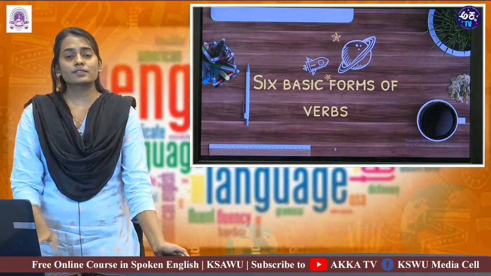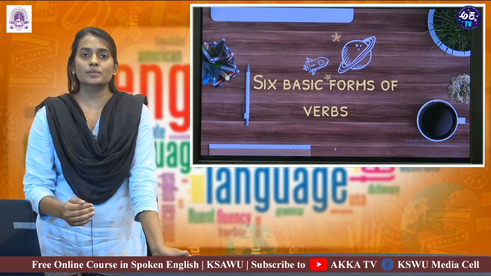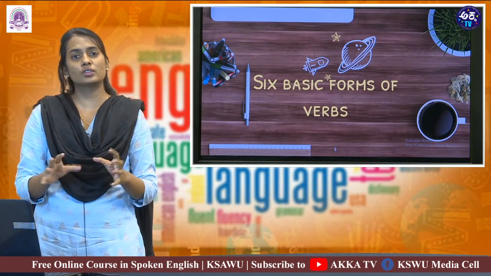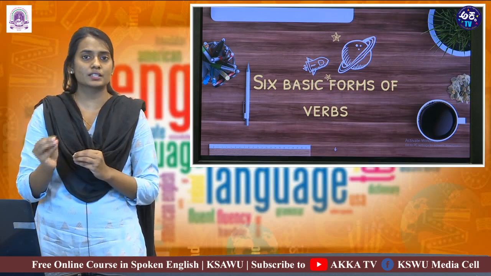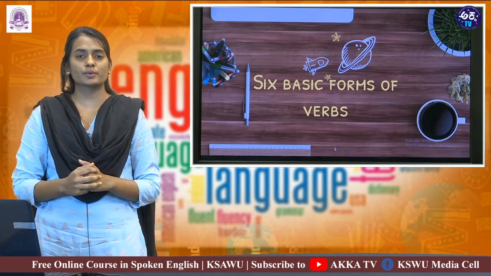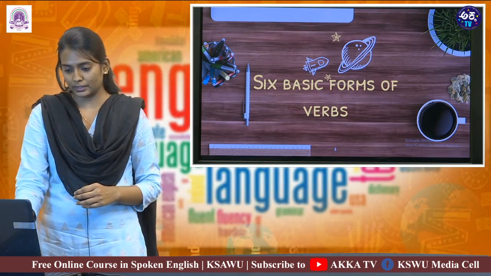So verbs have 6 basic forms. We will be seeing the 6 basic forms, but these will be dealt with even in the tenses. This is just an introduction to the 6 basic forms, but when tenses are dealt with by another resource person, then you will know them in more detail.